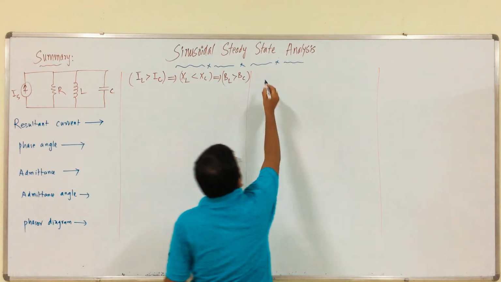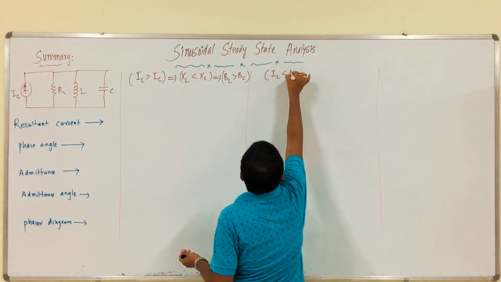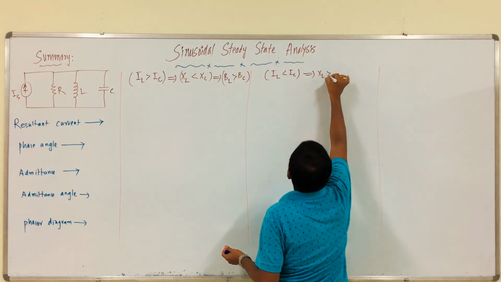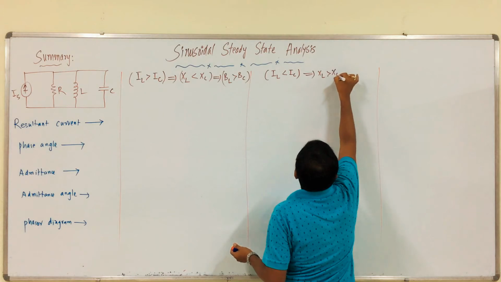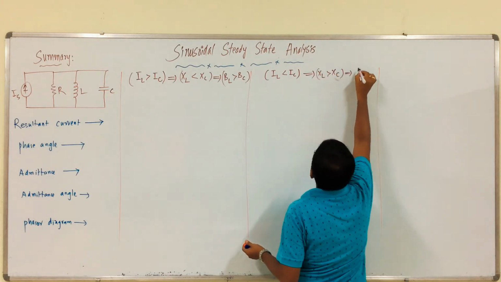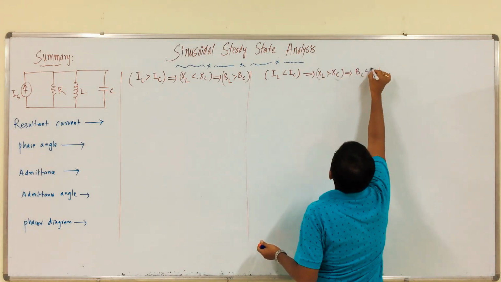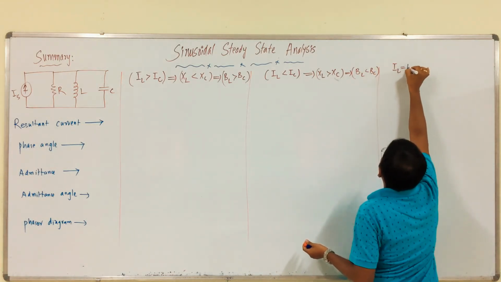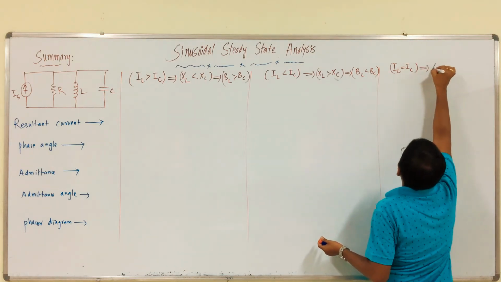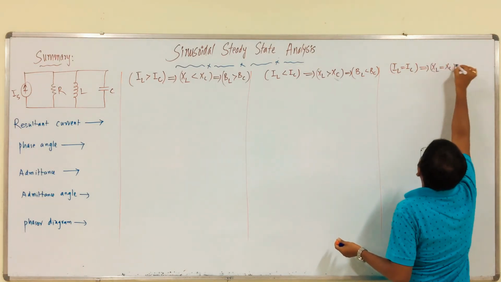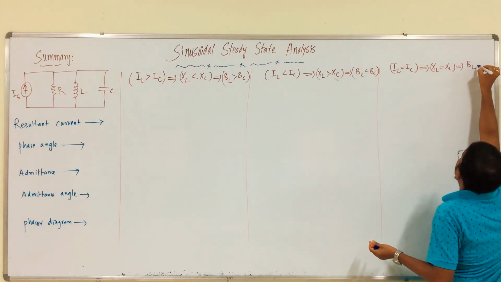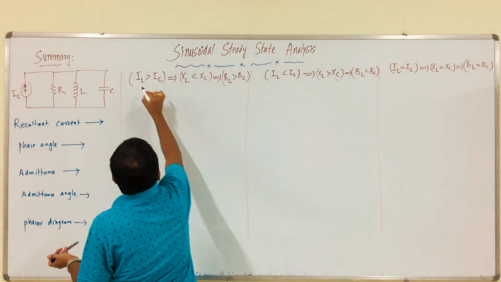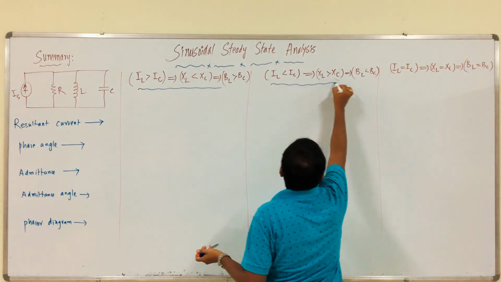Then second is IL less than IC. Therefore, XL is more than XC, and from this BL less than BC. Clear? Last case is IL equal to IC, meaning XL equal to XC, meaning BL equal to BC. That is it. So, these are the three cases. Clear?